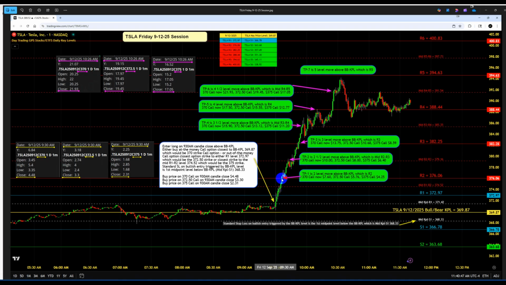And here, on this candle, it hits the R2 level, which is our minimum target, which is TP1. This is a two-level move, 2 levels above the level that the bullish entry was triggered from. So from the BBKPL to R2 is 2 levels.